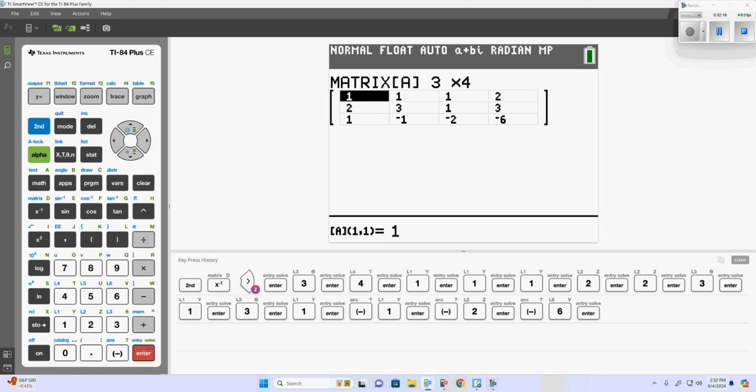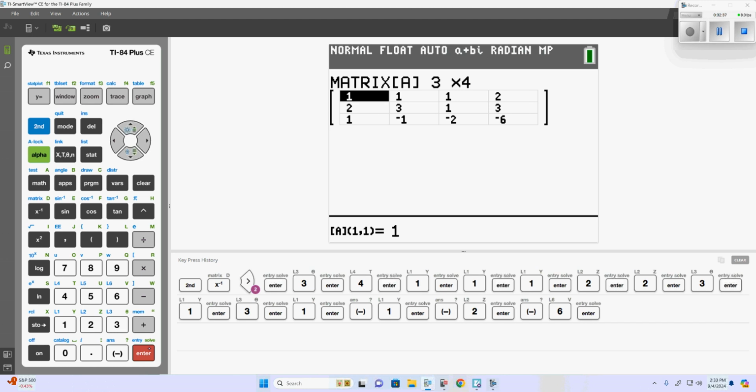Once you get the whole thing typed in, second mode, second quit. It's the same set of buttons. It will take it all away because we need it to go away for now.